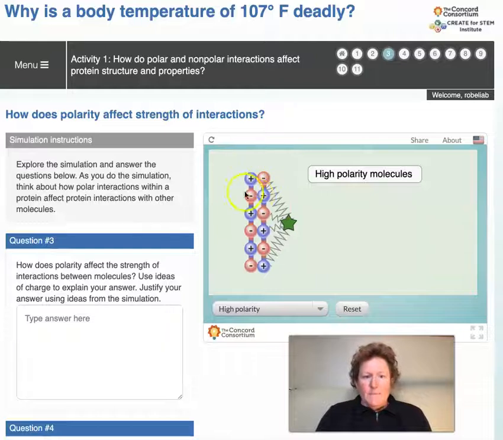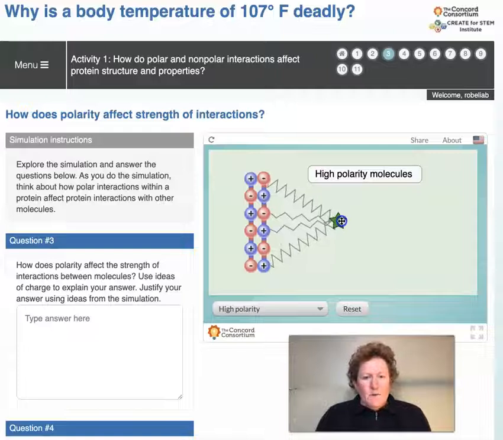You can see the plus and minuses are lining up here because polar molecules, those plus and minuses, they're electrostatically charged and they act like little tiny magnets. And so when we pull here, there's about a third of a screen. That's how hard we had to pull for the 2 low polar molecules.